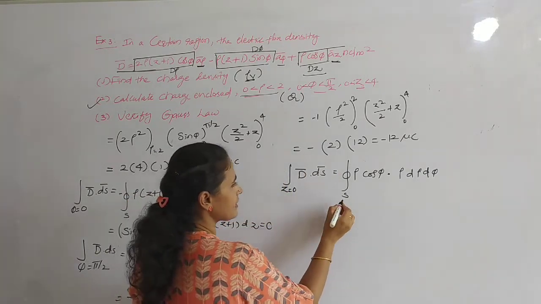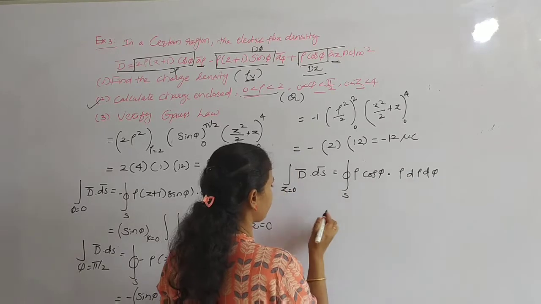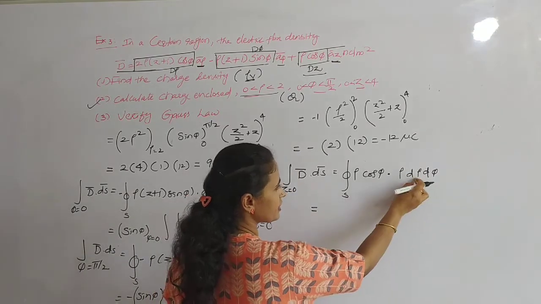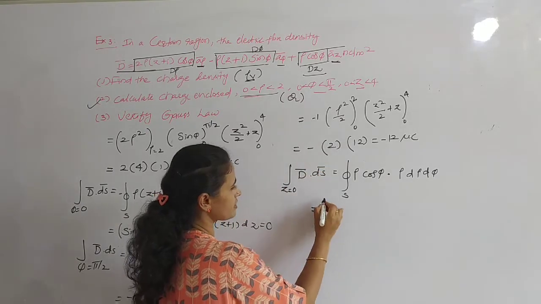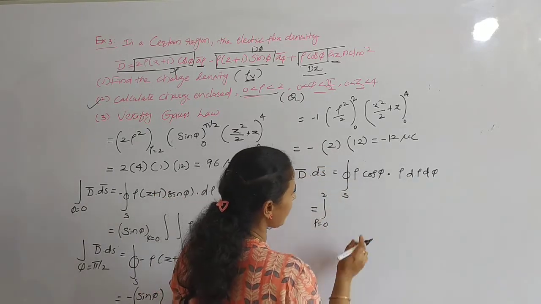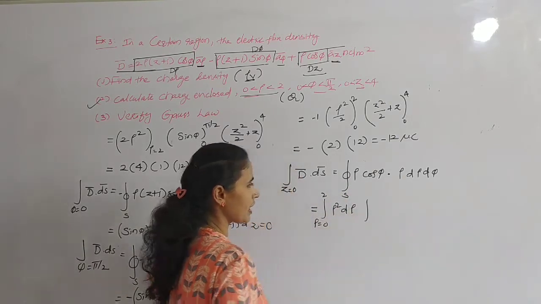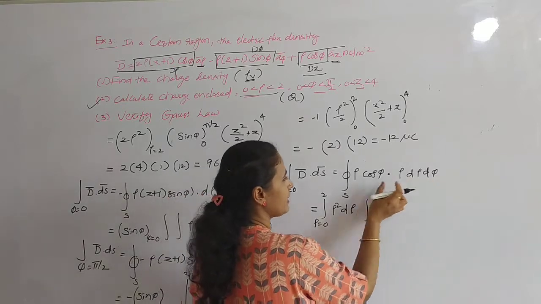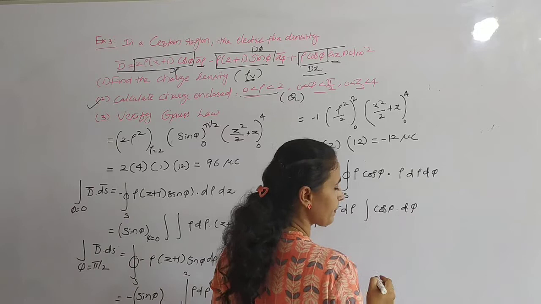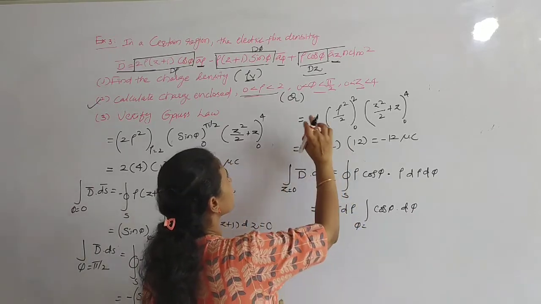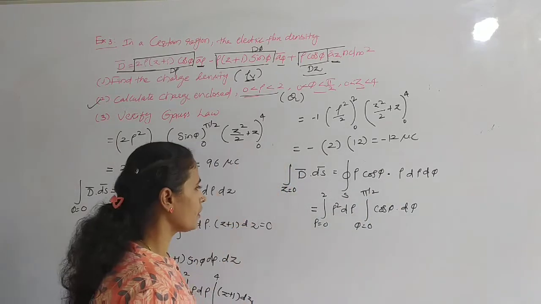So here the surface integral gives two integrals, of rho and phi. I will separate the integrals. One integral is for rho, where the range of rho is 0 to 2. The rho terms are rho into rho, which is rho square d rho, and the second integral is for phi, the phi term is cos phi d phi, where phi varies from 0 to pi by 2.